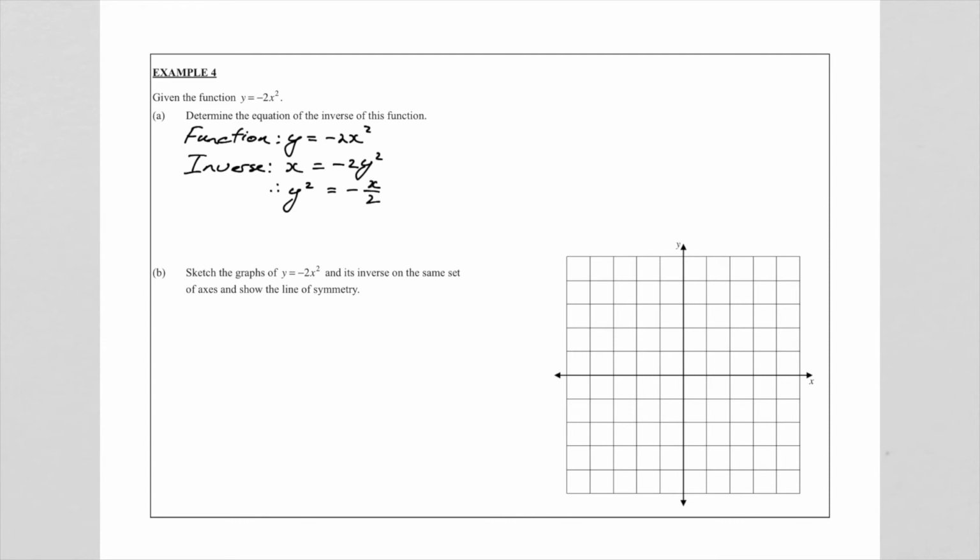I divide it with that negative 2 on both sides. And then we find the square root on both sides. So y is equal to, and that's why we put down the plus minus, and we get the square root of negative x over 2. So that is my inverse of the parabola.